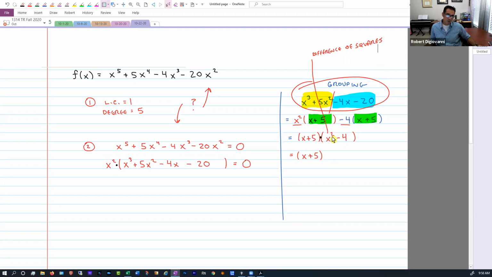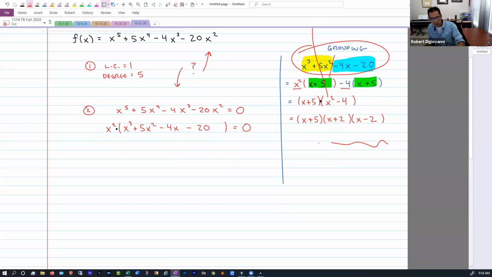So this is x squared minus 2 squared, because 4 is 2 squared. You have to recognize that. And so whenever we have a difference of squares, that will always factor to be x plus whatever the number squared is, and then x minus the number squared.